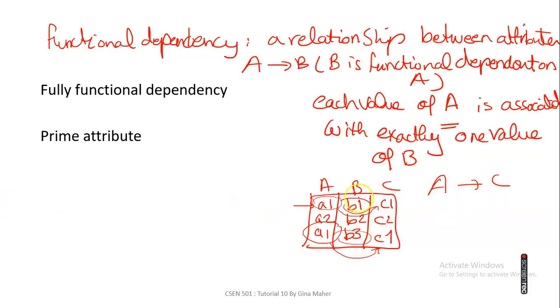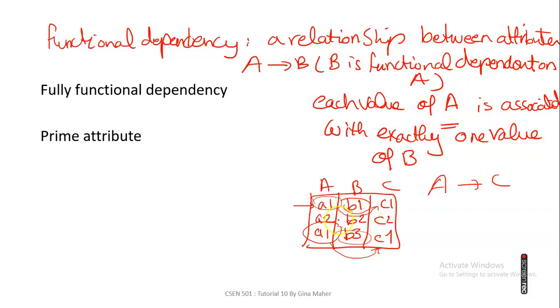Okay? Actually, the primary key in this relation is the attribute that implies all other things. The one that is associated with exactly one value of the other table. Let's see in this case, B1 is associated with C1 and A1.